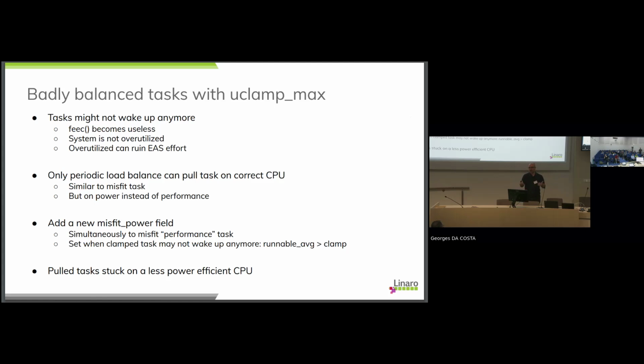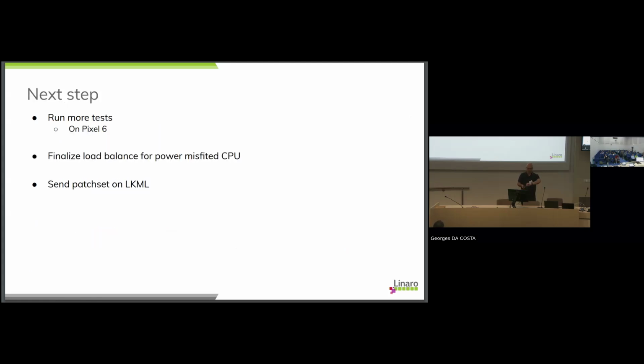So we are in more and more cases where some tasks are not waking up that much, or even if it's 100, 200 milliseconds, that's still quite huge. Running 200 milliseconds on the big core, whereas you might run on the little, there is an energy impact there. Yeah, okay, and I think that's it.